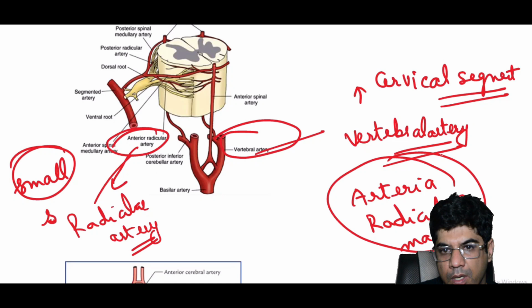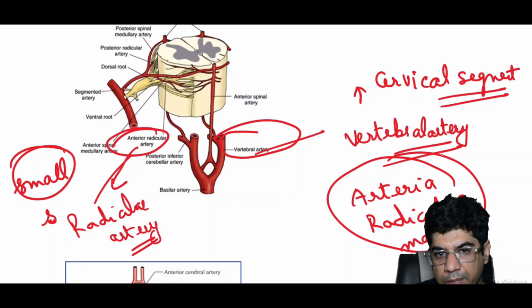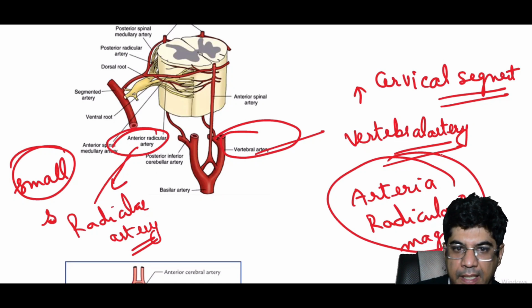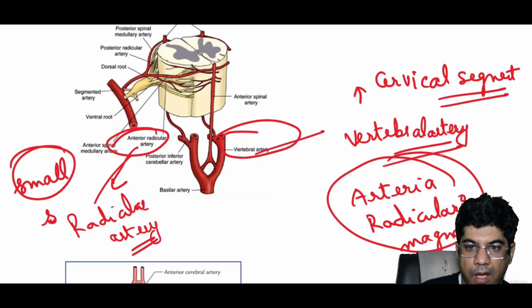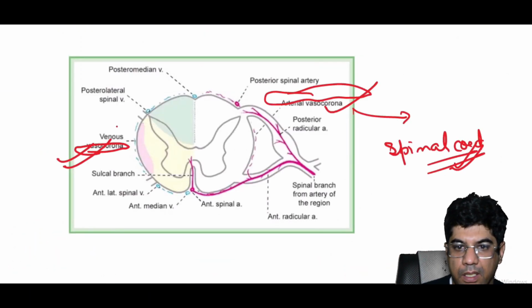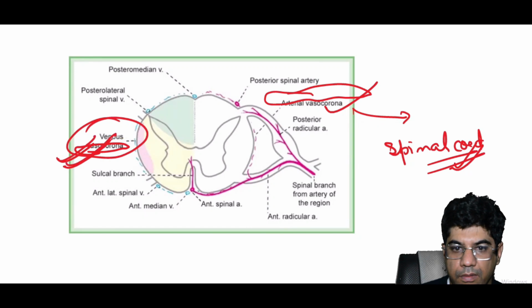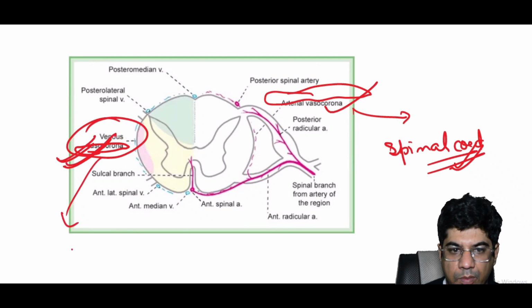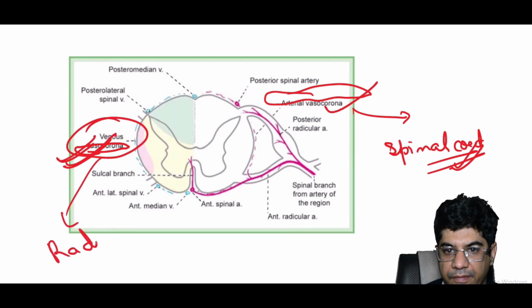Now let us talk about the venous drainage. The veins draining the spinal cord are arranged in 6 longitudinal channels. The veins are connected by a network known as venous vasocorona, and the blood from these veins is drained by radicular veins.